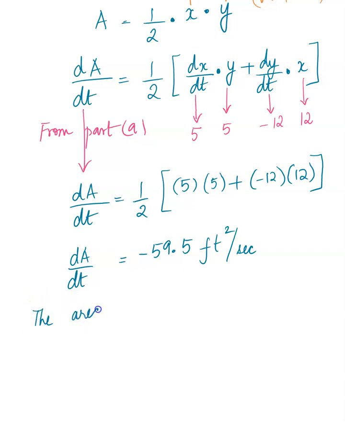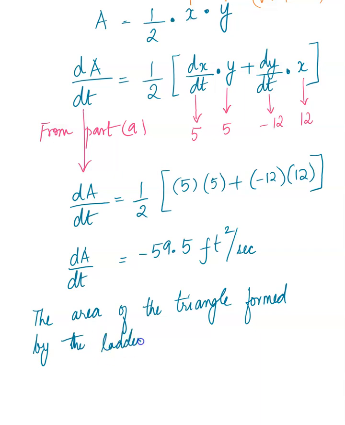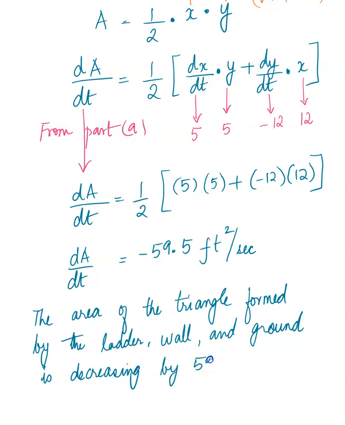So we'll say the area of the triangle, and we know the area of the triangle is formed by the ladder, wall, and ground, is decreasing by 59.5 feet squared per second.